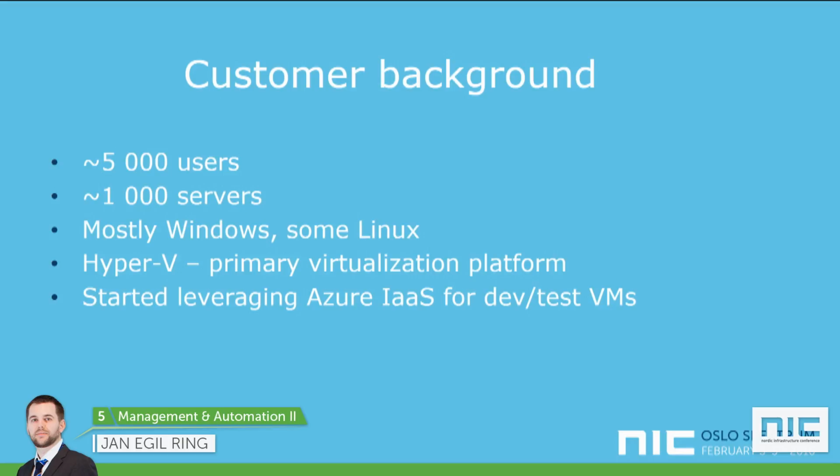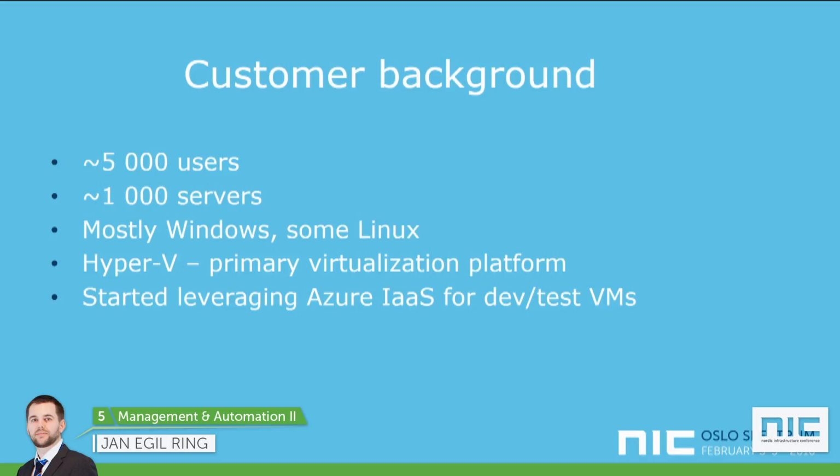So the customer background for the two scenarios that we are going to look at here, both scenarios was built for a customer in Norway that have a number of production plants spread around the country, about 5,000 users, about 1,000 servers. The main platform on servers is Windows, but we also started deploying more and more Linux in the later time.